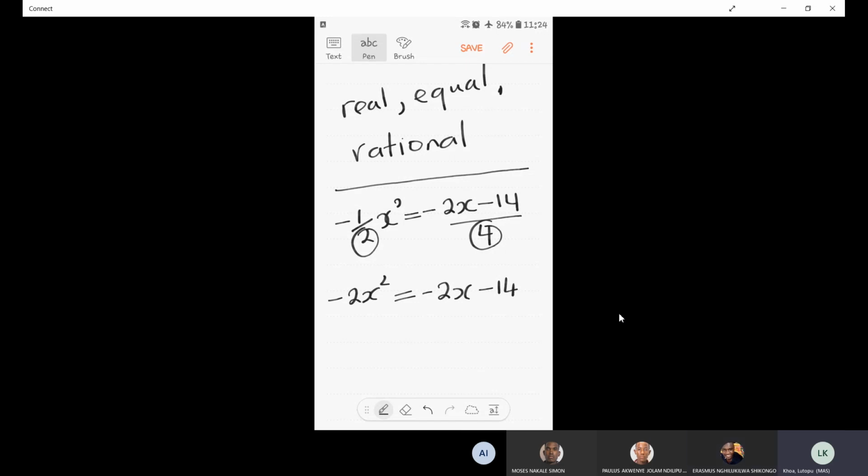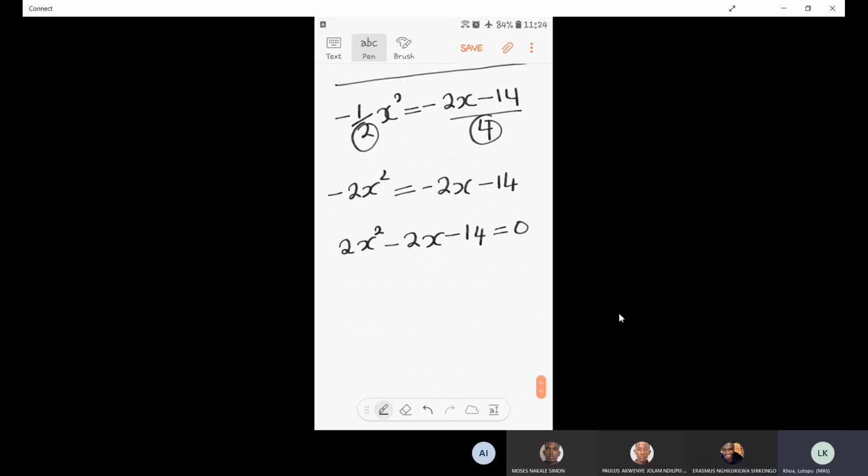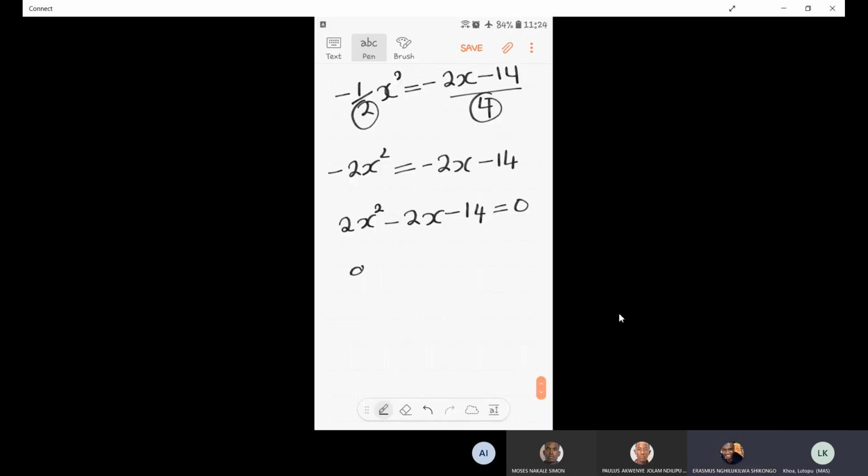So I have 2x squared minus 2x minus 14 equal to 0. Then a is 2, b is minus 2, and c is equal to minus 14.